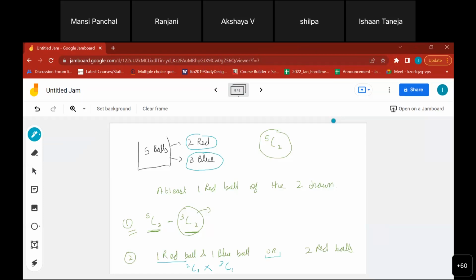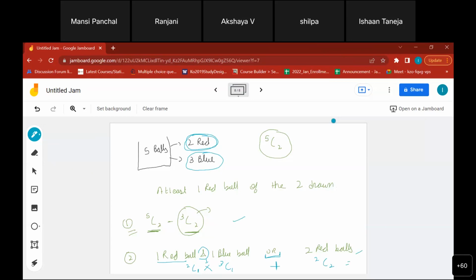Or means either this will happen or this will happen. Whenever there is an or, you add, and whenever there is an and, you multiply. So, or two red balls, I draw two red balls out of these two, which I can do in 2C2 ways. Both approaches will give you the same answer. You can approach either way.